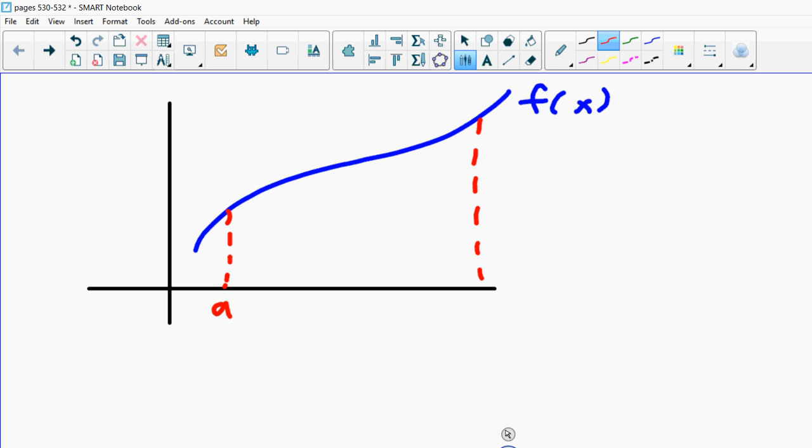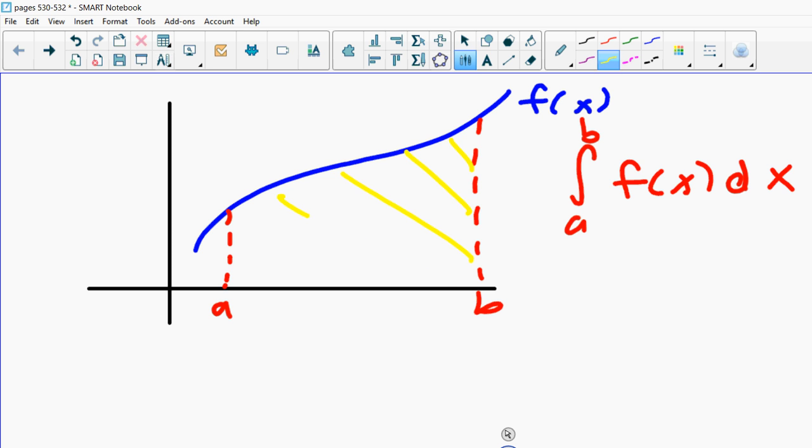If I integrate from a to b of a function whose graph I am given, what do I find? I'm finding the area under that curve bounded by those two vertical lines and the x-axis. So, what I'm finding is this area.